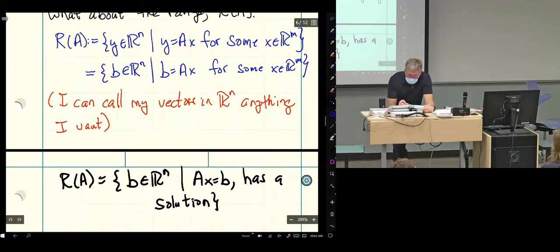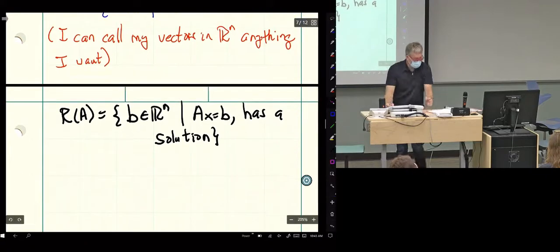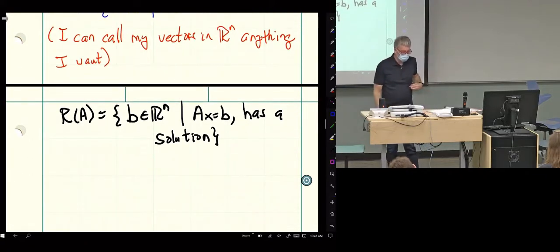And I want this equation to have a solution. Okay. B equals Ax for some x is the same thing as saying Ax equals B has a solution. It's exactly the same statement, but now I see what the range of A is.